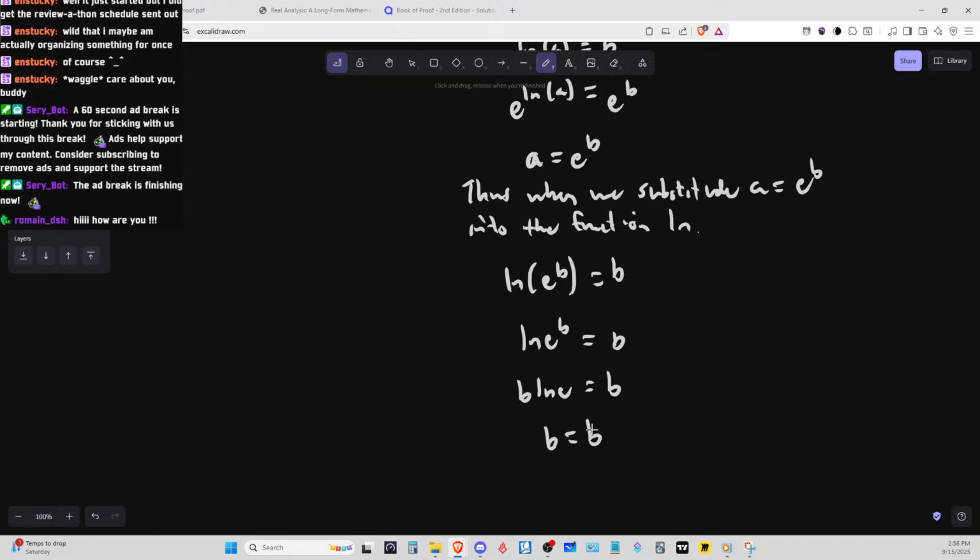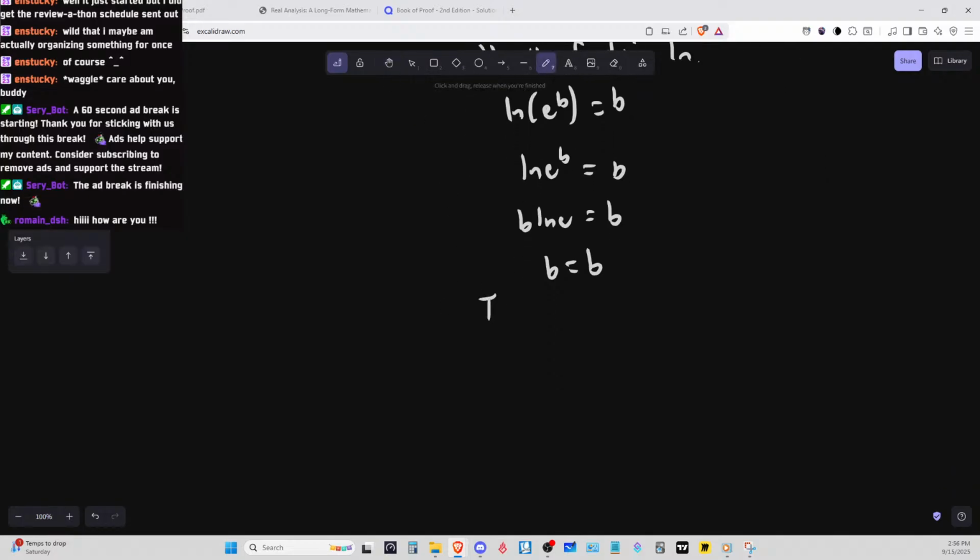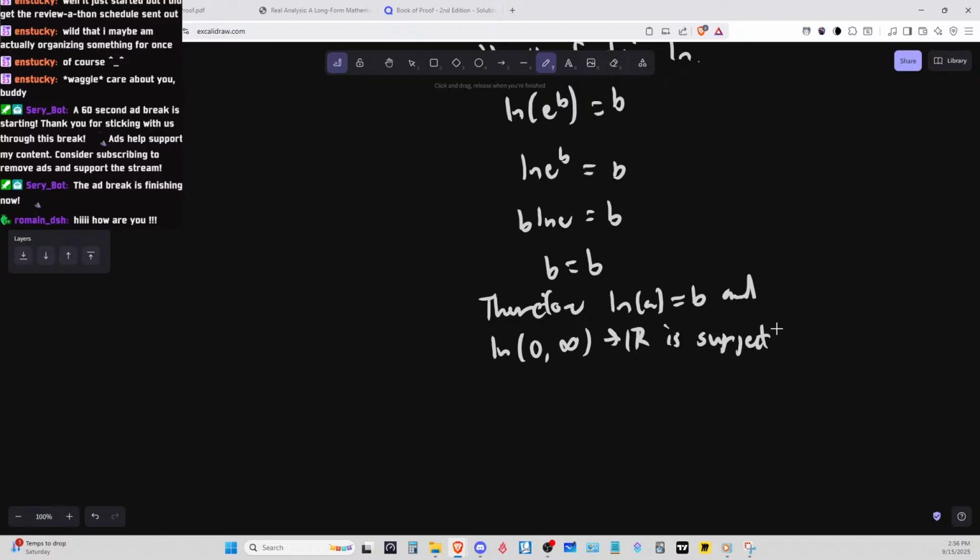So thus, therefore, the natural log from 0 to infinity is surjective.